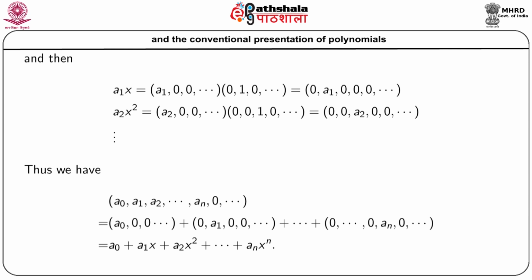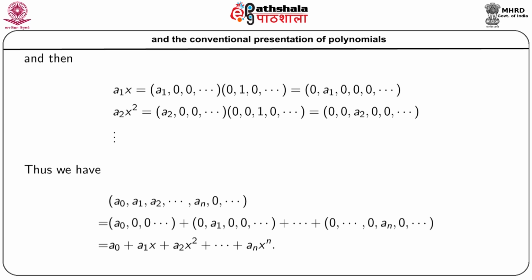And thus we have the polynomial (a0, a1, a2, ..., an, and all other terms 0) equal to the expression a0 plus a1x plus a2x squared plus so on plus an x to the power n. This is our classical form of polynomials.